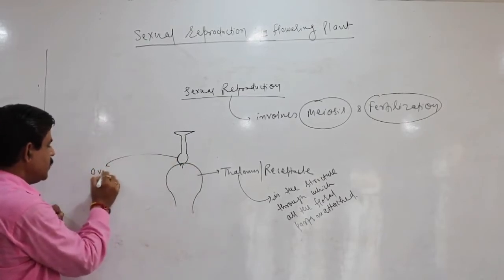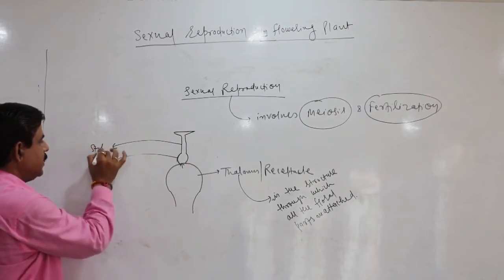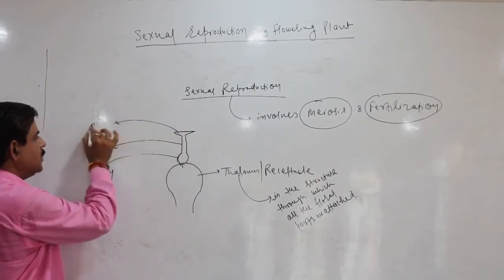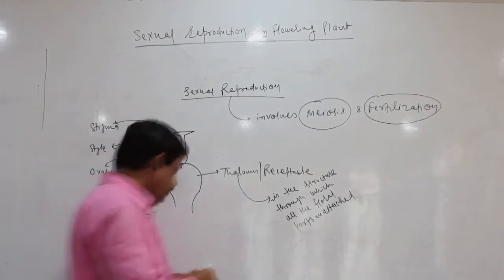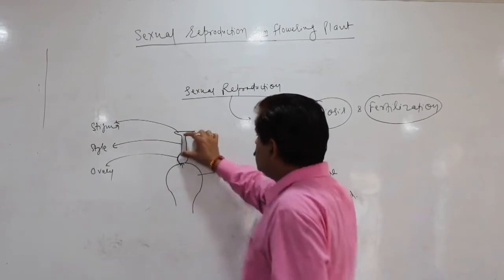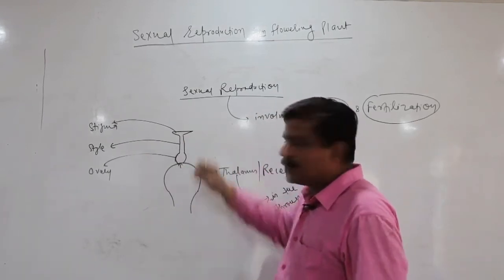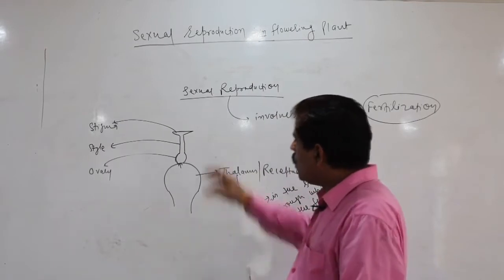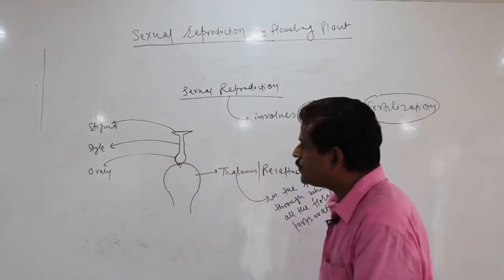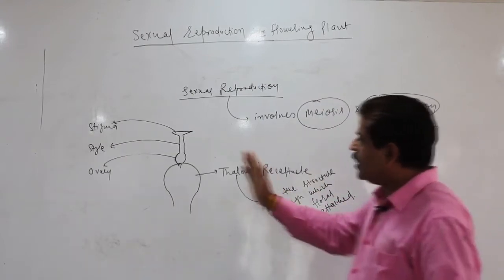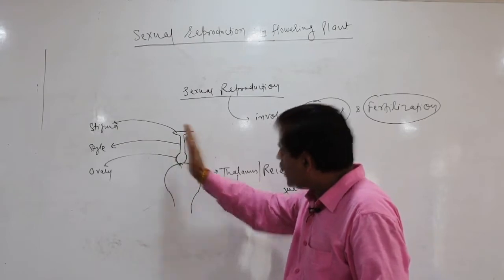One is the ovary, second is the style, and this one is the stigma. This structure is the female reproductive part of the flower. All the pistils together are called gynoecium. You know it very well. This is the innermost part of the flower.